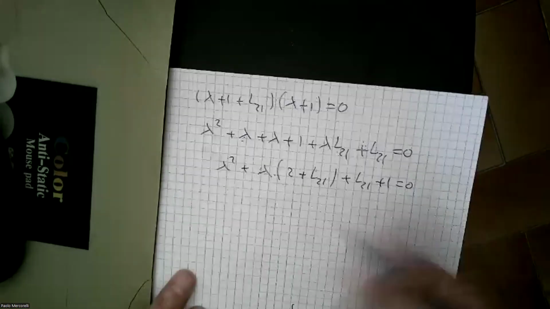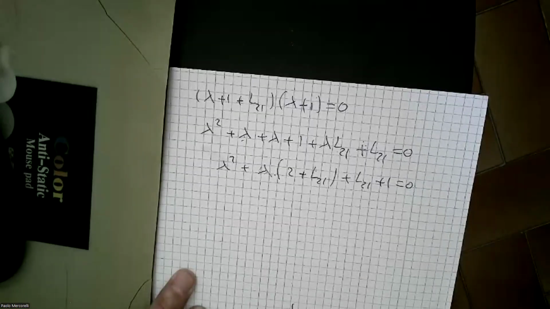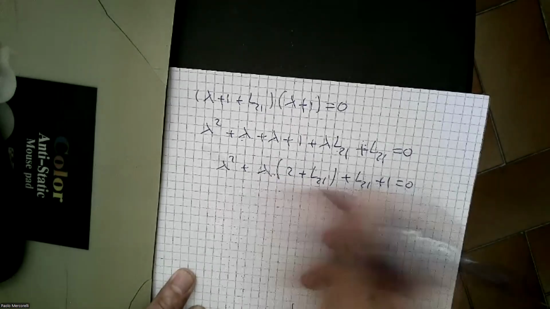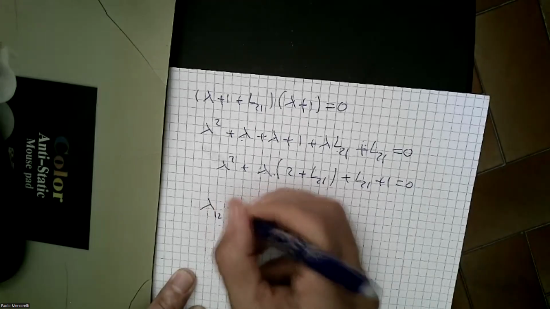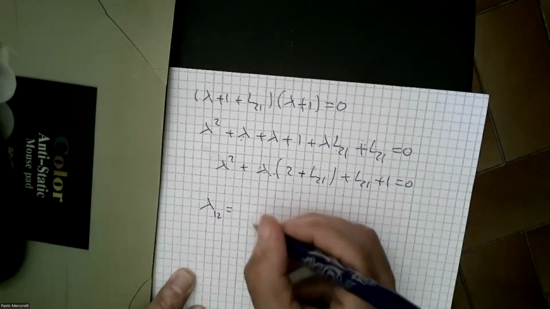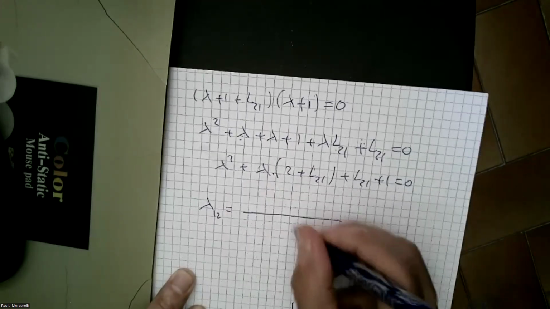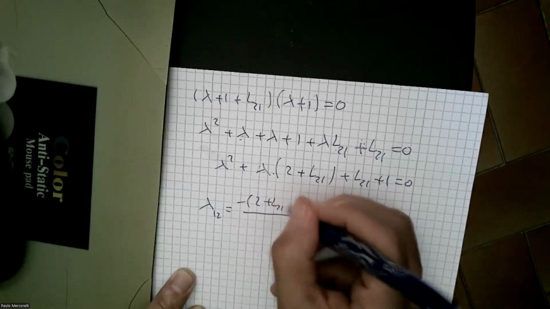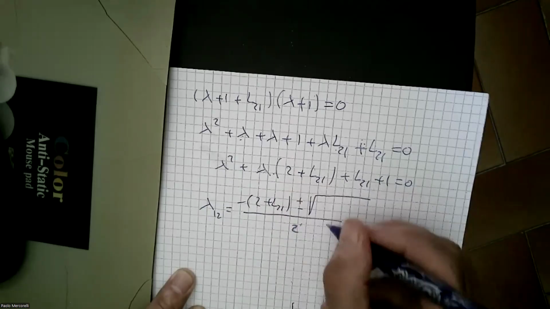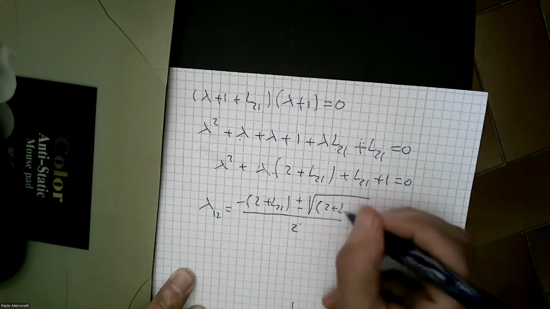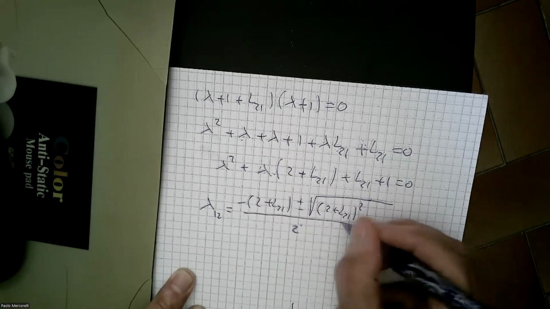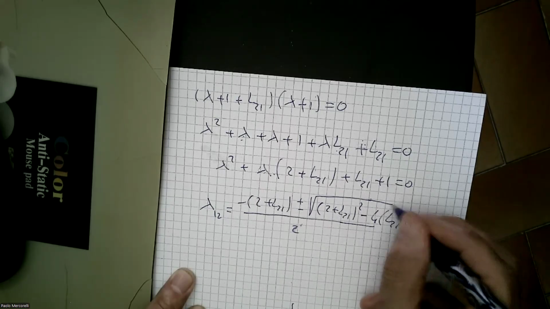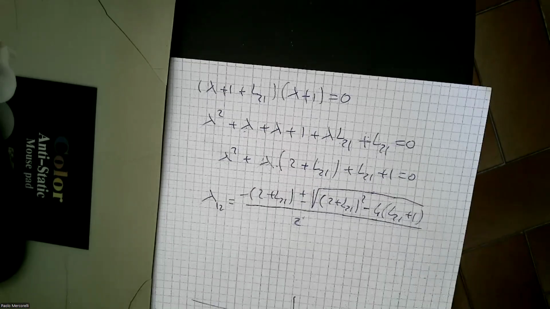If you remember from gymnasium, the ABC form or the PQ form, I know the ABC better, but it's the same. This means L12 equals minus something, from the quadratic formula.